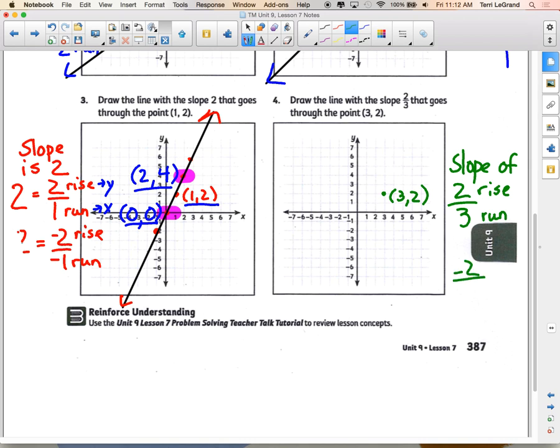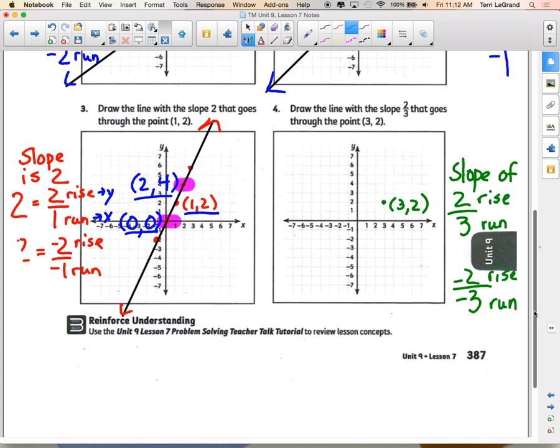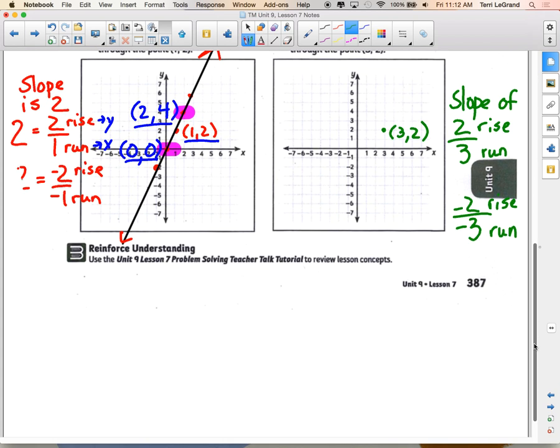Would -2 over -3 be the same? Is a negative divided by a negative also a positive? Yeah. So we can also use this name for slope, -2 rise over a -3 run. So let's write them both down and let's use both of them one time, okay?